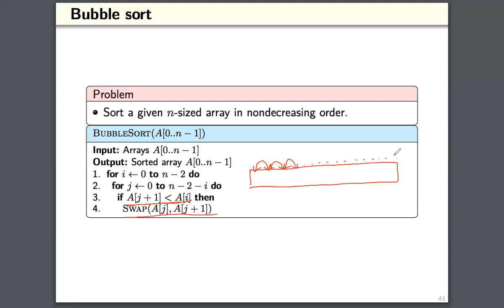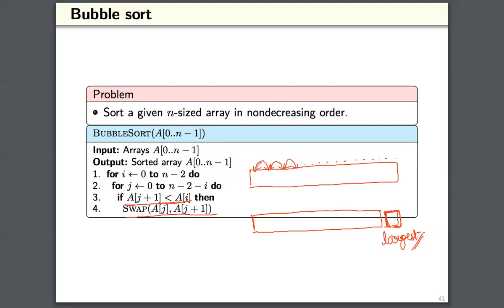If you run this process, at the end of it you get the largest element at the end. Does this make sense?